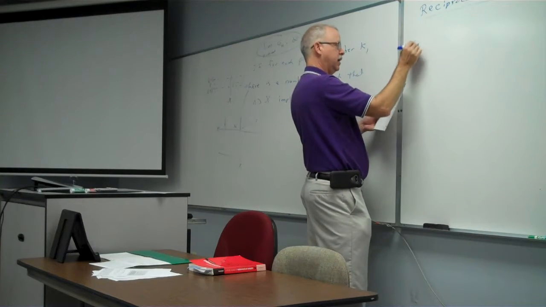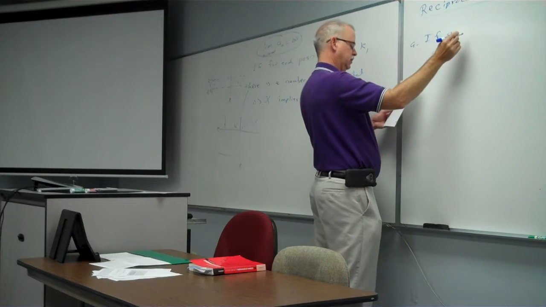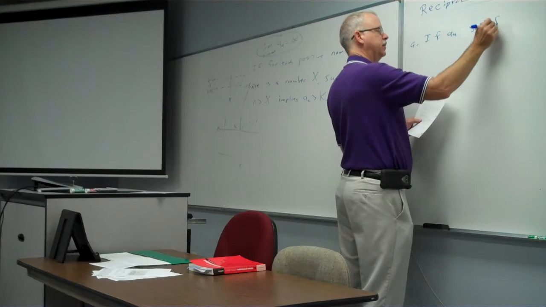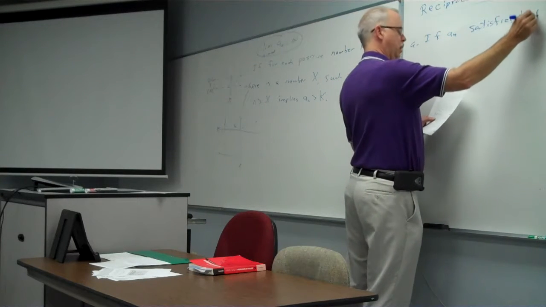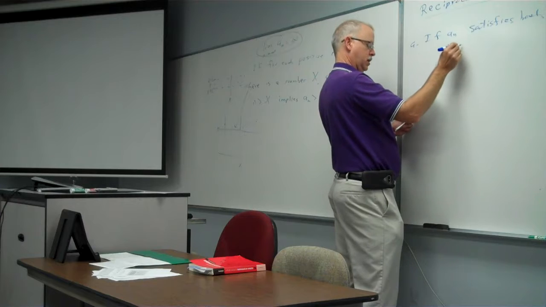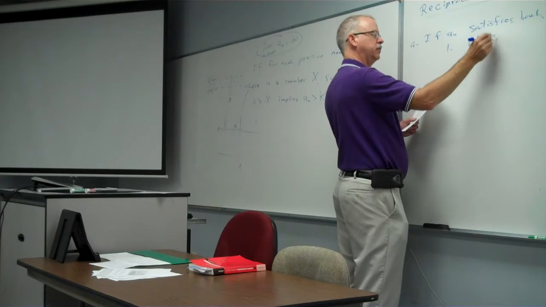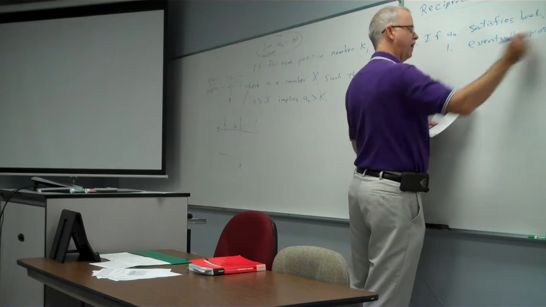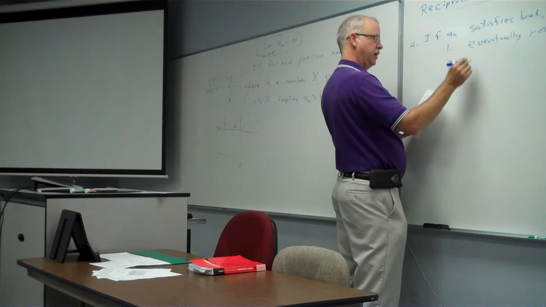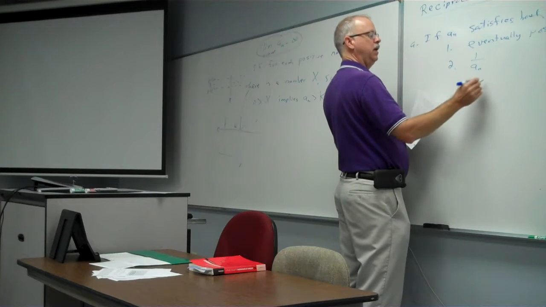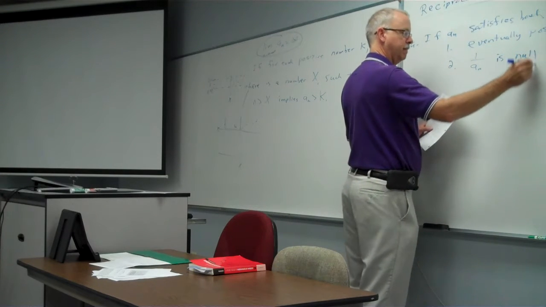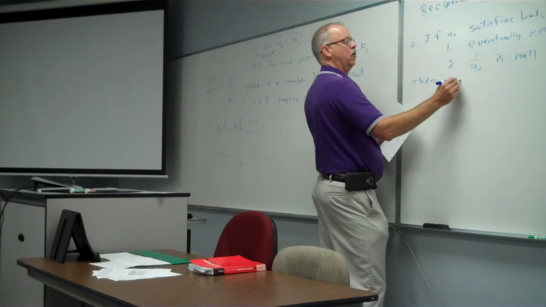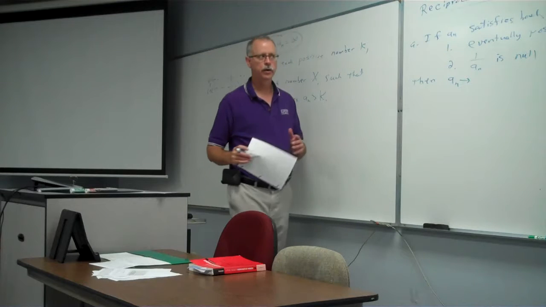The first one: if we've got a sequence that satisfies both eventually positive and the inverse sequence is null, then where do we think the sequence is going?